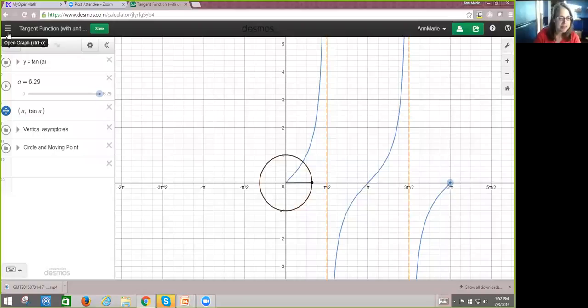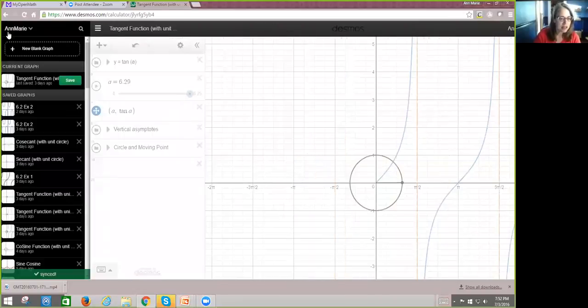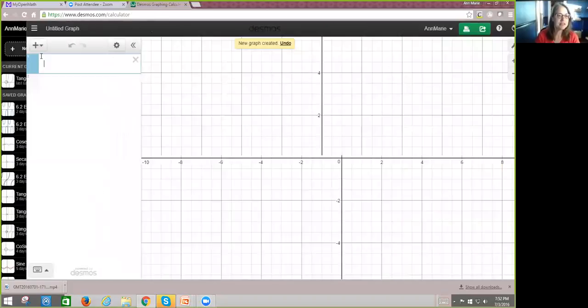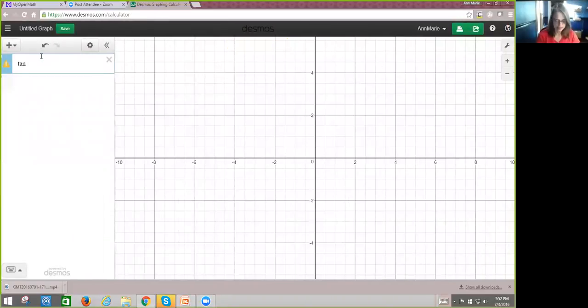All right, let's take a look at the basic tangent function. And we'll do this here. So let's look at the tangent. We're going to do some basic transformations.